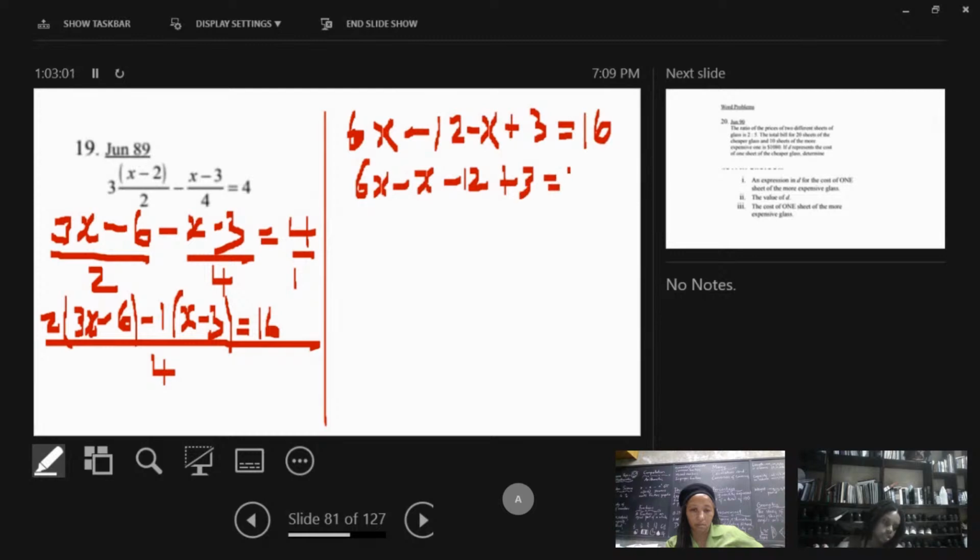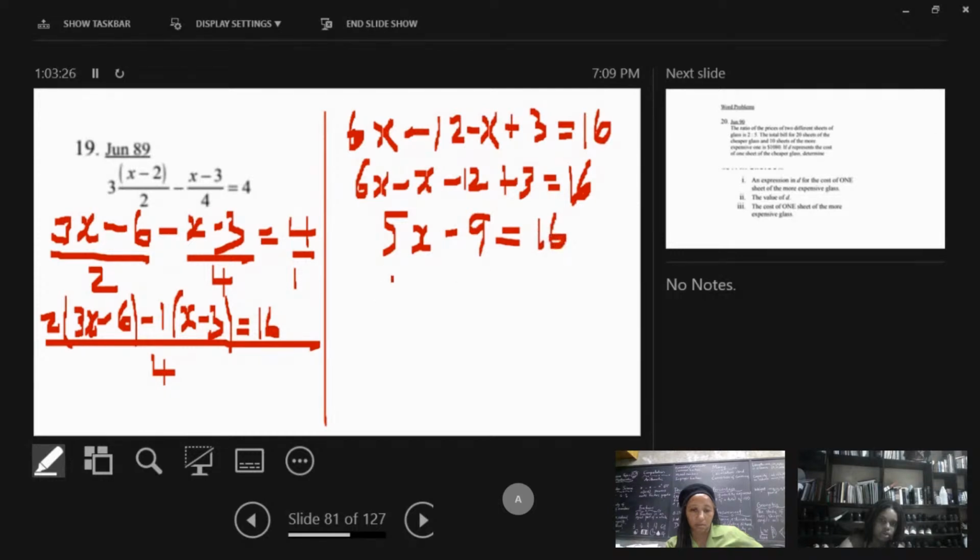So 6x minus x is 5x. So 5x. And negative 12 plus 3 is negative 9, equals 16.